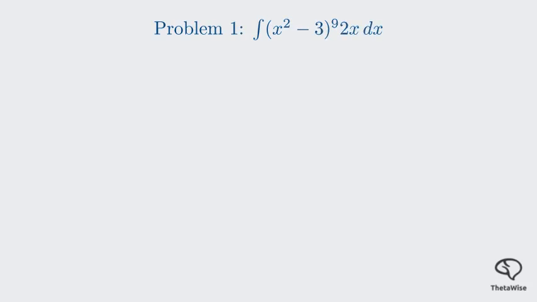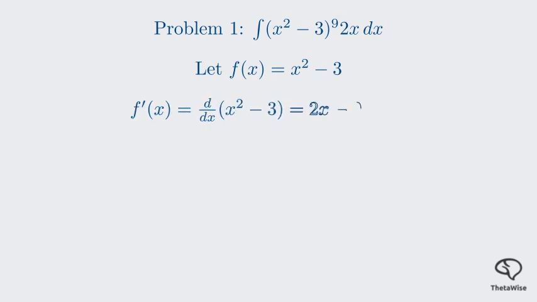Our first step is to identify the pattern. Is this in the form of f of x to the power n times f prime of x? Let's look at the function being raised to the power n. We can see that our function f of x is x squared minus 3. Now, what is the derivative of this function? The derivative of x squared minus 3 is simply 2x. If we differentiate x squared, we get 2x, and the derivative of a constant like -3 is 0.